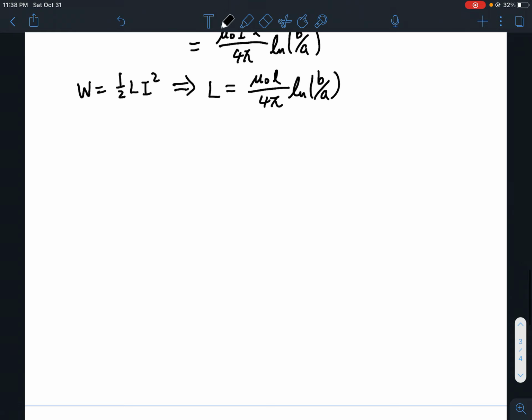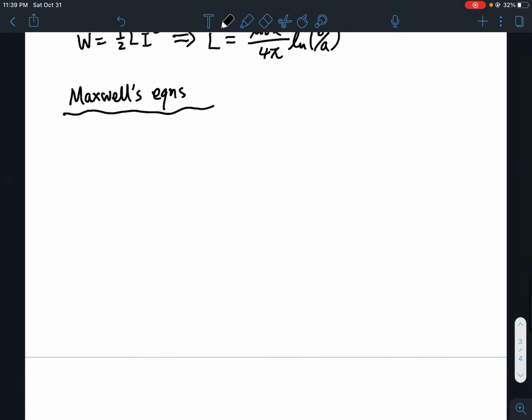So now, after we do this, this is a very important set of equations. This is called Maxwell's equations, which are the most important equations for classical electrodynamics. So the electrodynamics before Maxwell, at that time, we just summarized all the equations that we had learned so far.